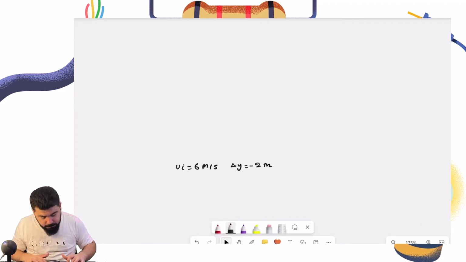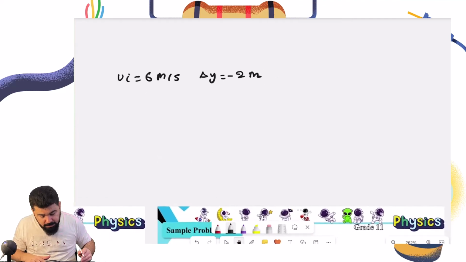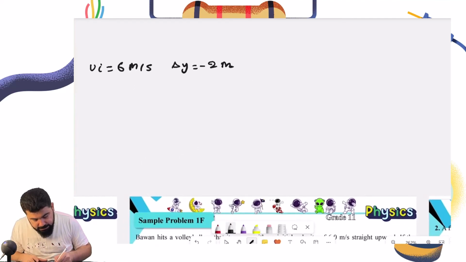Now the question asks for delta t. We know that gravity is equal to negative 9.81 meters per second squared.